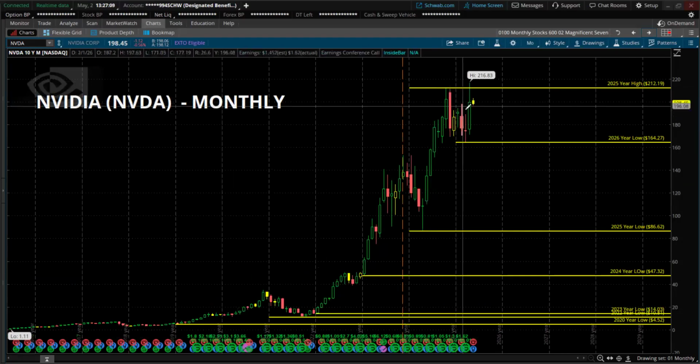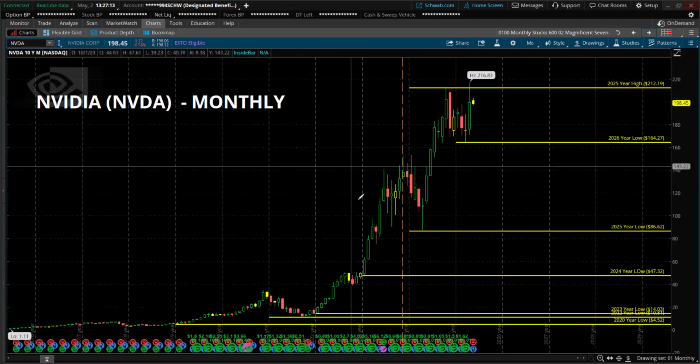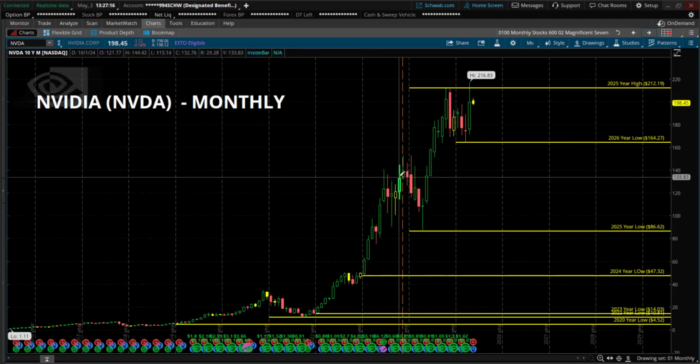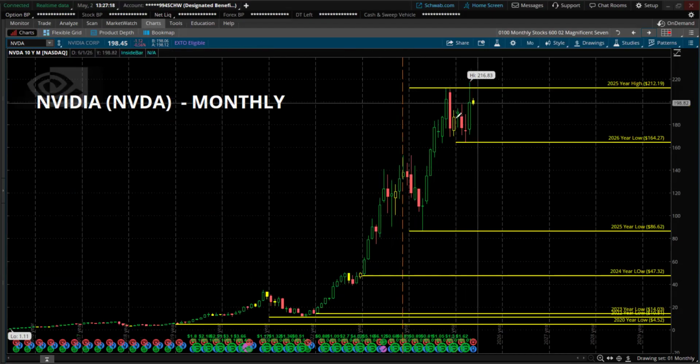NVIDIA, wow. Last month, it finally broke the highs of last year. This orange vertical line, that's when it was added to the Dow. So this took that long to finally break the highs of last year.